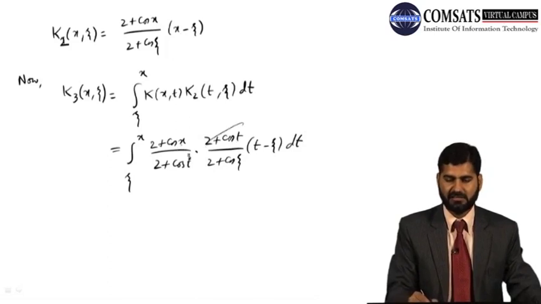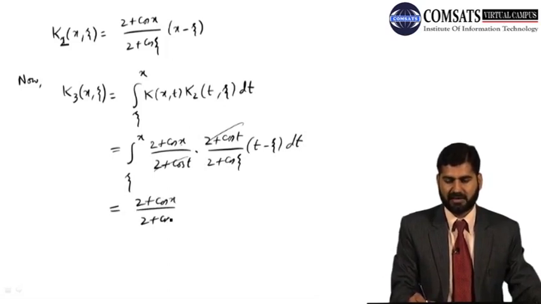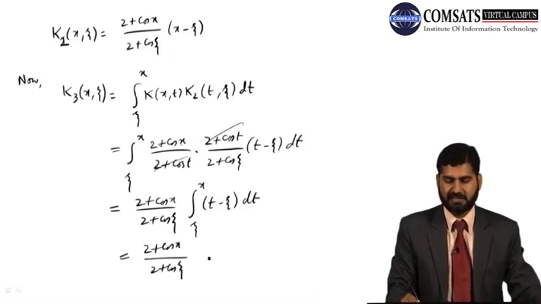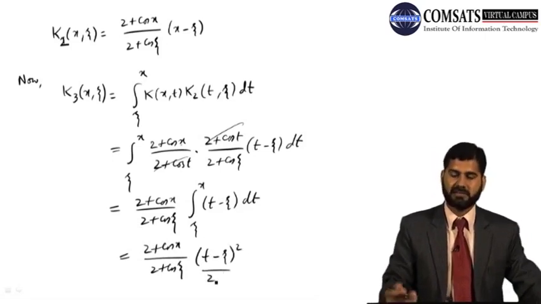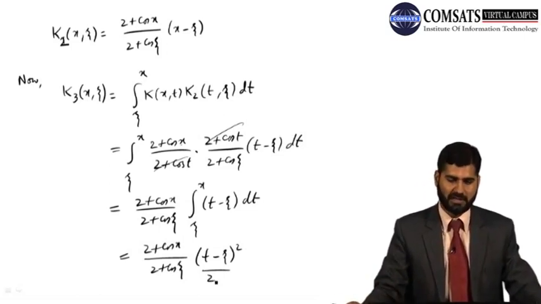So again this is gone, this is constant, you can bring it out. 2 plus cos x and 2 plus cos xi are constants. So all you are left with is the integral of (t minus xi) dt. So that gives you (t minus xi) squared by 2. So you got 2 plus cosine x over 2 plus cosine xi, times (x minus xi) squared by 2. Similarly, the next one will be (x minus xi) cubed by 3, to the 4 by 4, and so on. All right?